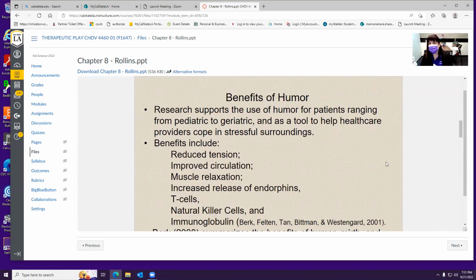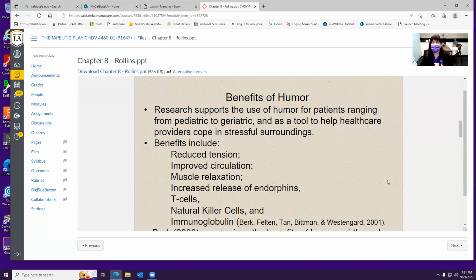So there are benefits of humor. Research supports the use of humor for patients ranging from pediatric all the way to geriatric, old age, as a tool to help healthcare providers cope in stressful surroundings. Benefits include reduced tension, improved circulation, muscle relaxation, increased release of endorphins.